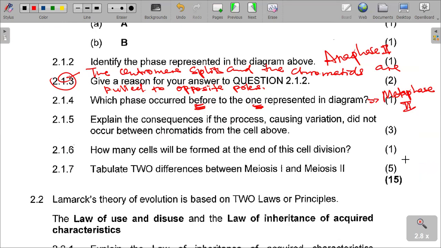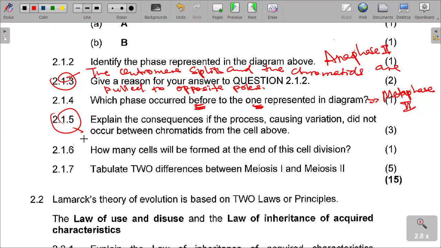Explain the consequences if the process causing variation did not occur between chromatids from the cell above. What would happen?